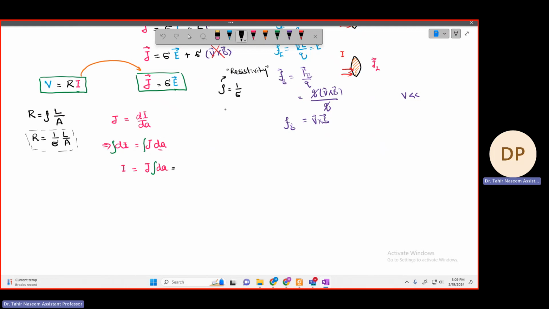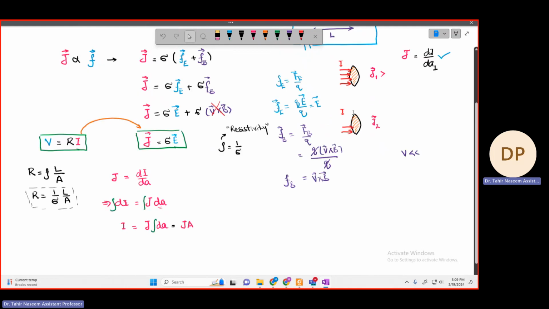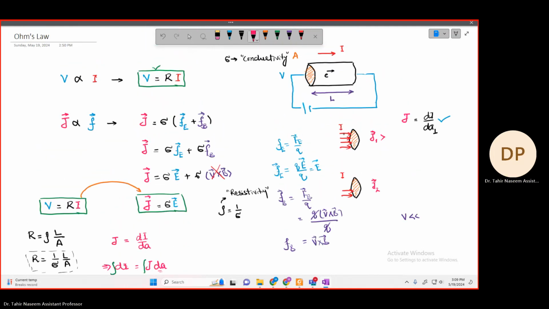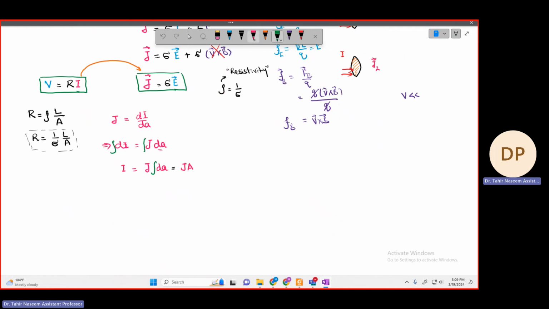So it will give me the area of the wire, in this case J A. I'm integrating here on this surface, so the integration of dA will give me the total surface area A. Okay, so I have I in form of J.